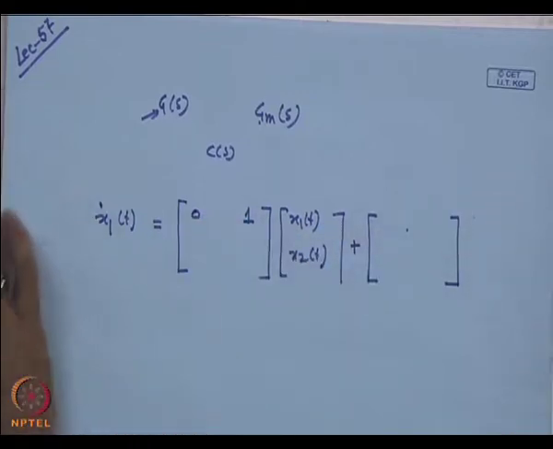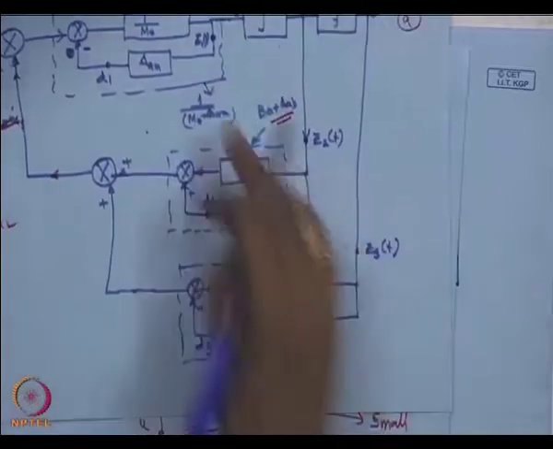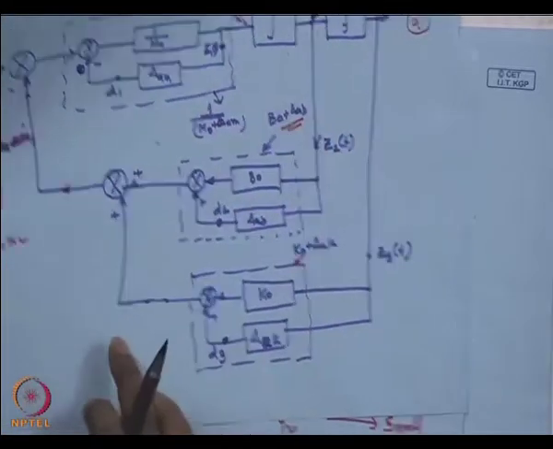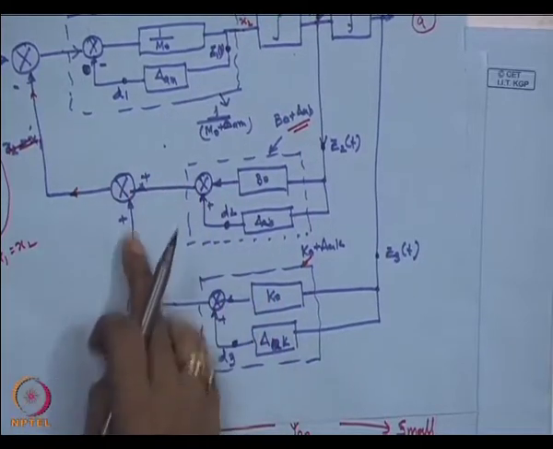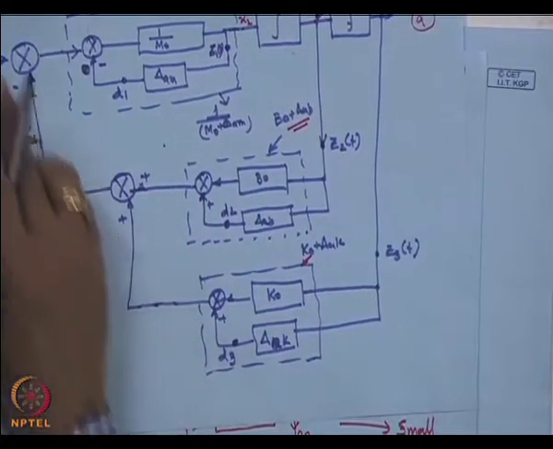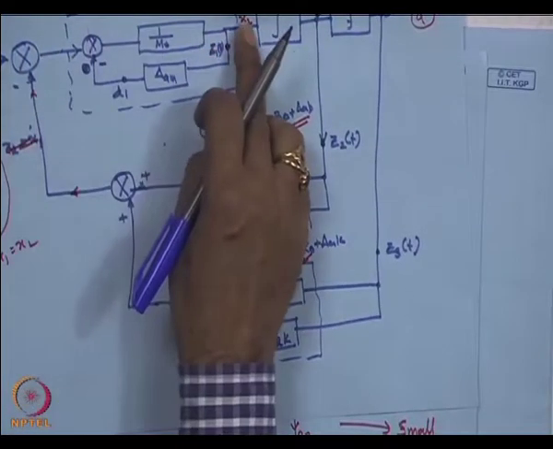Now, x 2 dot. What is x 2 dot? These signals add together, and then this signal passing through this is x 2.